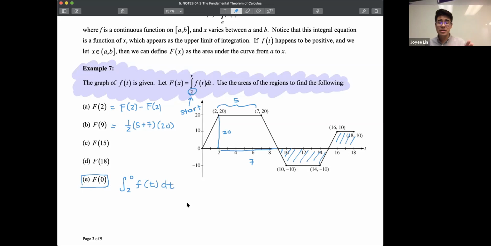So you have two options here. You either find the area and then make it negative, or if you find that confusing, flip the sign around and put the negative, and then switch the bounds, and then do it that way so you don't miss out because you forgot the negative sign. Cool.